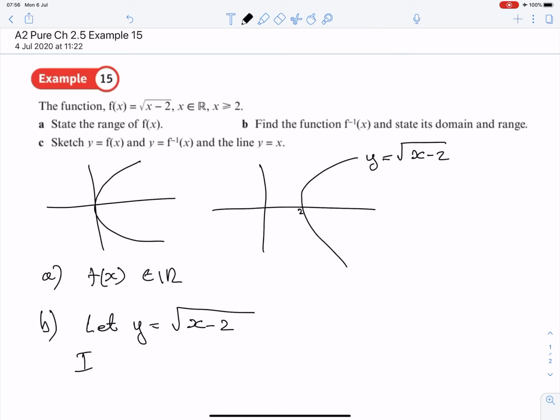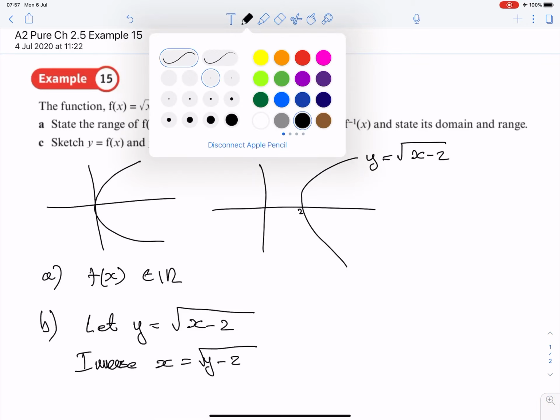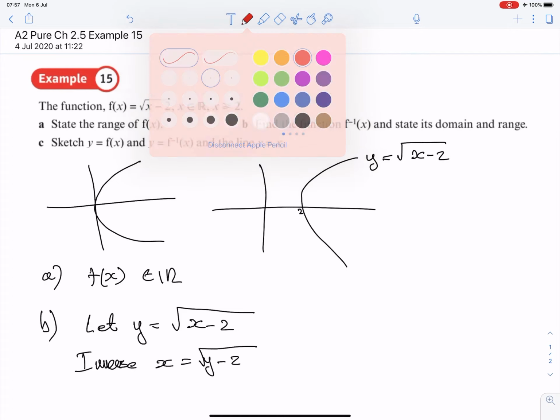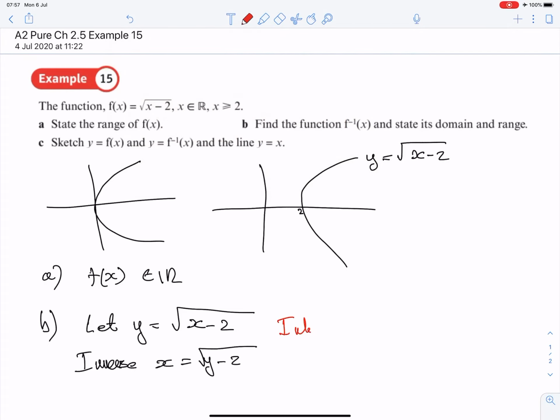So our inverse: we interchange the x and the y and then make y the subject.